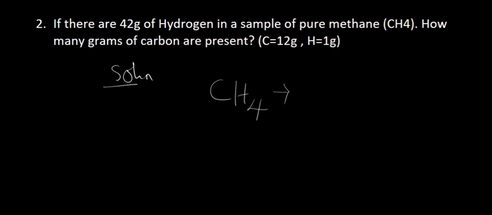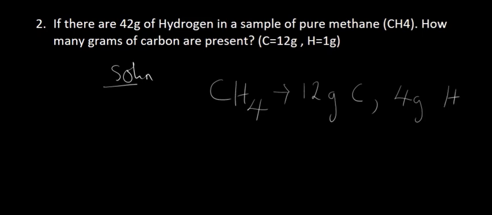So we are told that in methane, the atomic masses are given, that 12 grams. If you look at methane, 12 grams of carbon gives you, so this is 4 here. Remember that the atomic mass of hydrogen is 1. So with this 4 multiplying it, you have 4 grams of what?